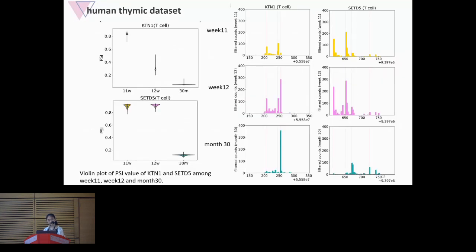As you can see, there are 2 examples. This is the KDN1 gene, and it has a shift from week 11 to month 13, from this TSS to this TSS, and the distance is very close.